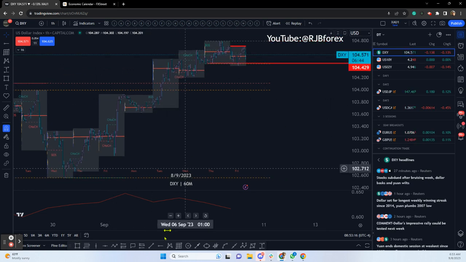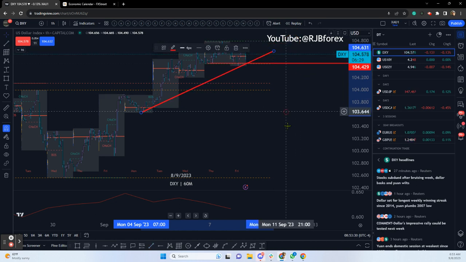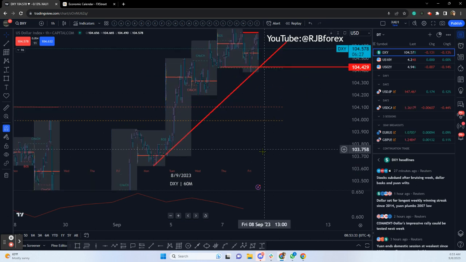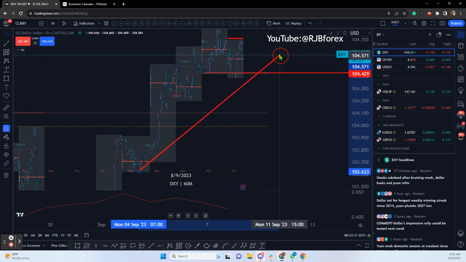We're on the backside of this week's trend. All right, so Monday, Tuesday, so we've broken that trend line. Doesn't look like it though, does it? But hold on a minute. No, we haven't.